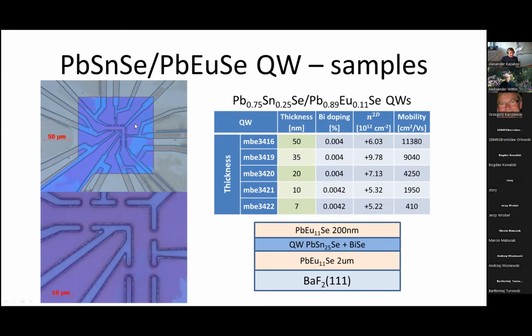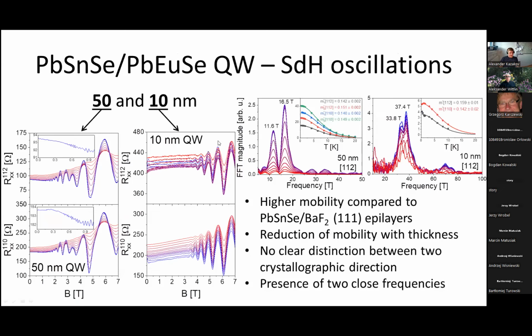We etched such Hall bars to check magnetotransport. It has two arms at 90 degrees to each other to see whether an anisotropic band structure affects the magnetotransport.